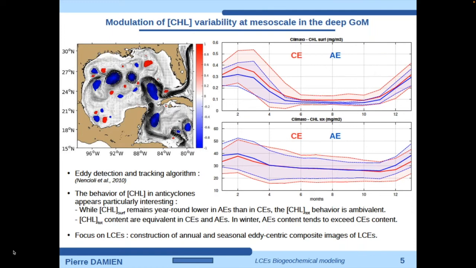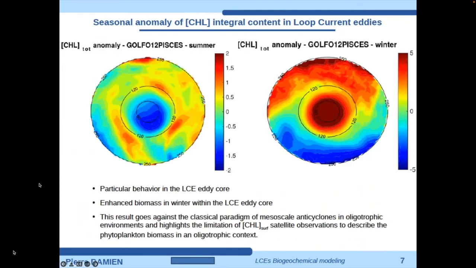And again, the cyclones tend to have a little bit more chlorophyll, but it's obvious that the seasonal cycle in the total chlorophyll content is smaller than at the surface. And one of the things that we would like to understand is what is happening, particularly with the anticyclones. So if you go to the next one, please.